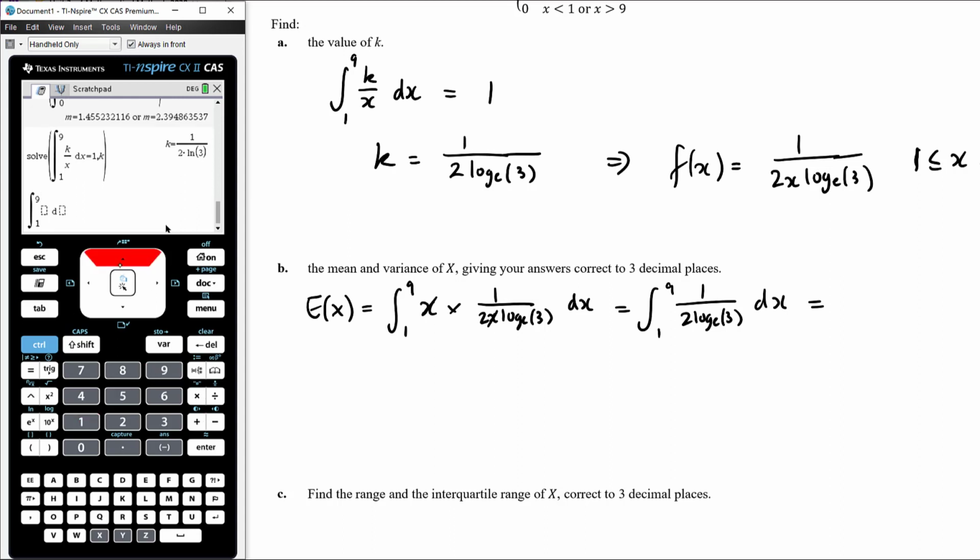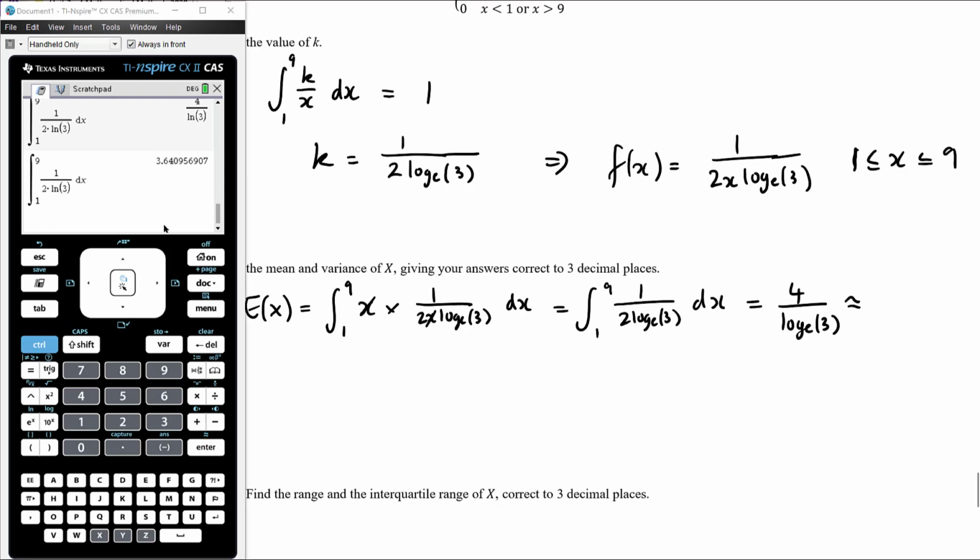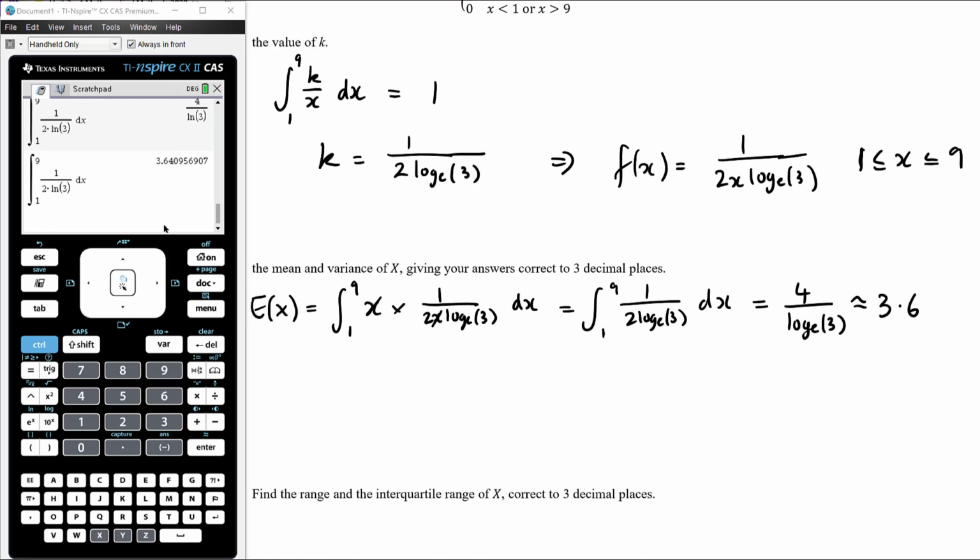I'm just going to get that from up there. I have to lose that k though. Oh, sorry, it has to go in there. So I'm going to type it. That was silly. 1 on 2 times log e of 3, and we want to differentiate that with respect to x, and that is going to be 4 on log e of 3. Sorry, but we want 3 decimal places. The expected value of x is 3.641 to 3 decimal places.